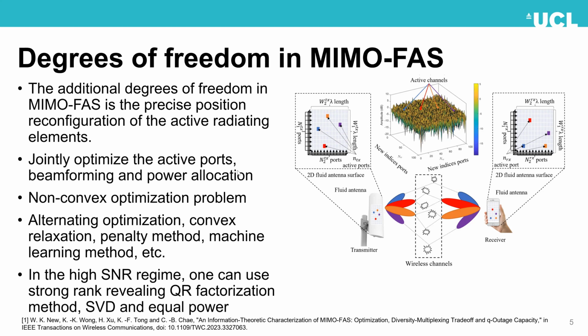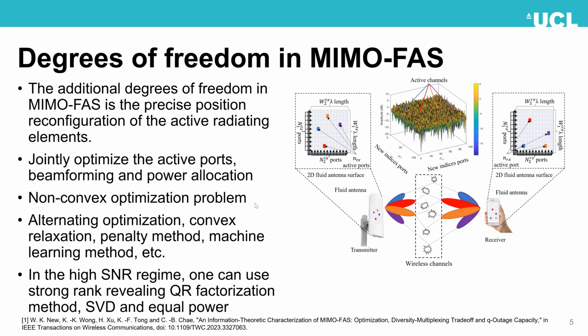So when optimizing a function with respect to these variables, this usually yields a non-convex optimization problem, right? In fact, when the ports are discrete, this usually leads to an NP-hard problem.